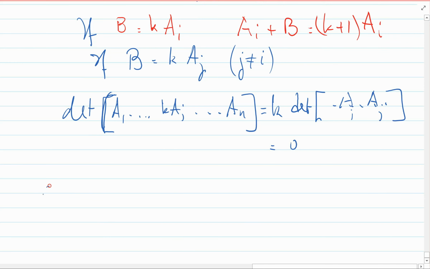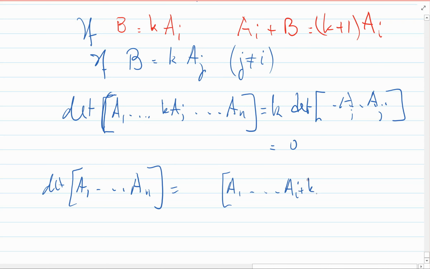It means that when you take the determinant of a matrix A1 all the way to AN, and you take one column, let's say AI, and you add to it a constant times another column, plus K AJ, and I is different from J, you get the same determinant.